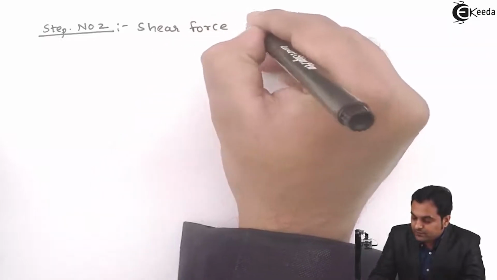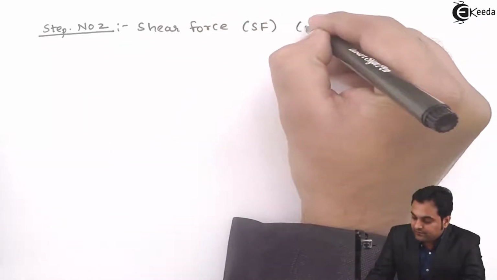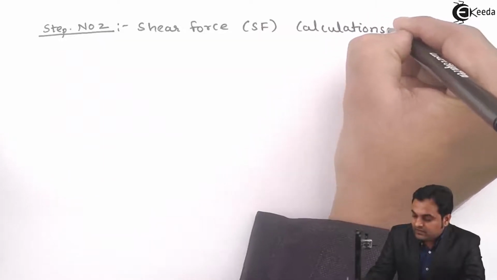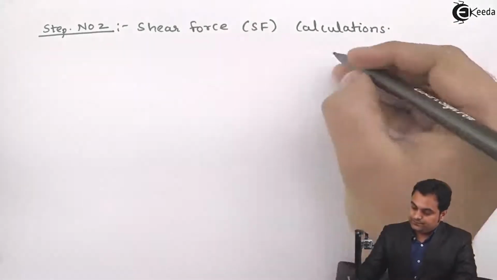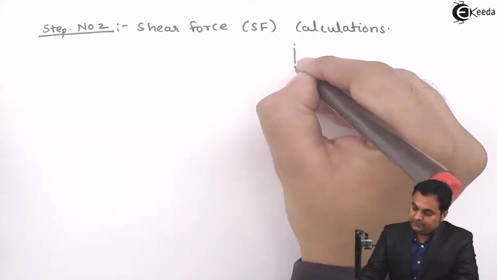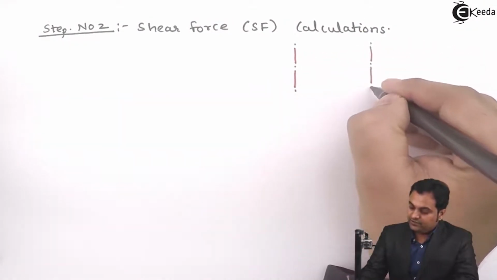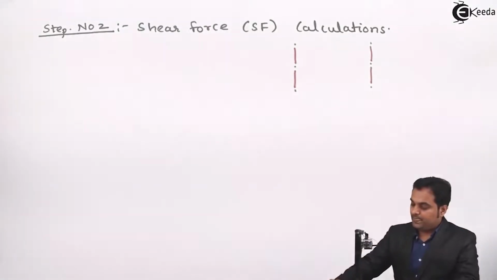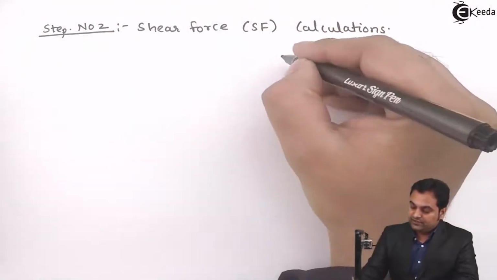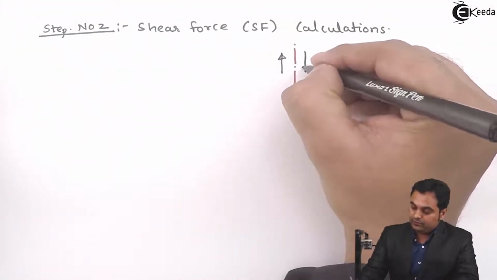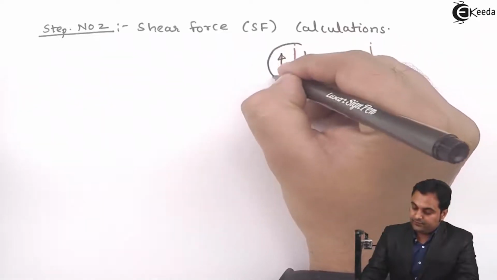Shear force, that is SF, calculations. For that we need to have a sign convention, because without a sign convention we cannot move ahead in this problem. Now here, upward force to the left of the section is treated as positive, and downward force to the right of the section is also positive.